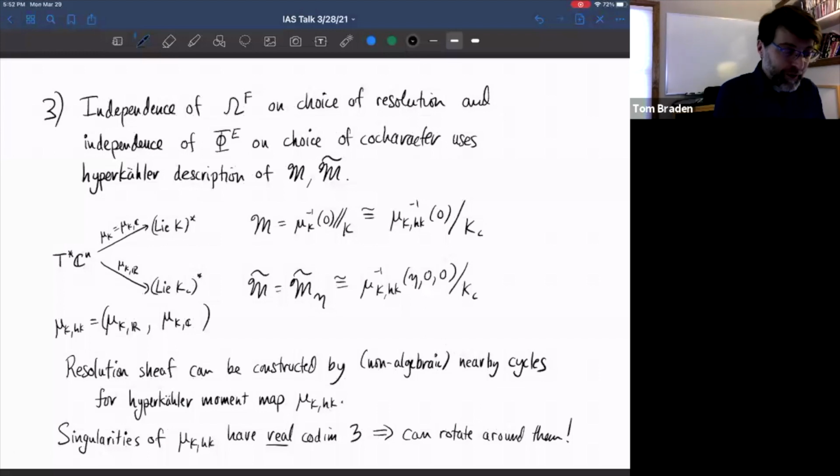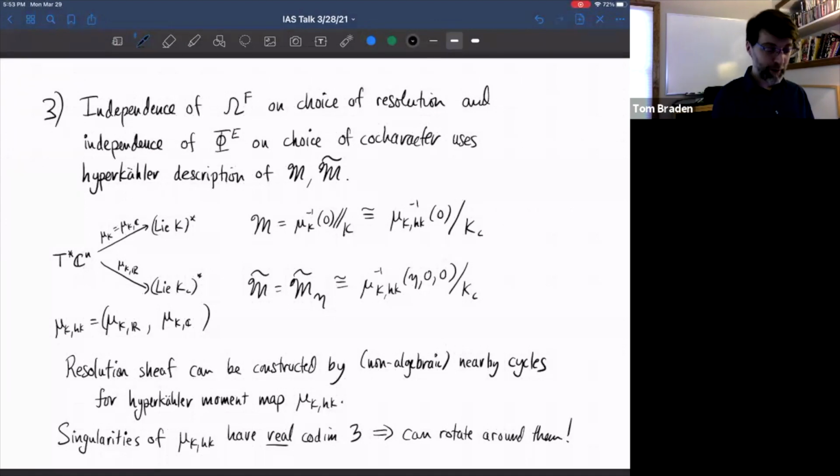Next remark. I made a point to mention the fact that the resolution sheaves are independent of the choice of resolution, and the hyperbolic restriction is independent of the choice of a cocharacter. The way we prove this is using the hyperkähler description of the hypertoric variety, which is, instead of looking at mu inverse of 0, where mu is a complex valued moment map, and then taking a GIT quotient, you can take instead a quotient by a compact torus, but you have a third moment map coordinate.